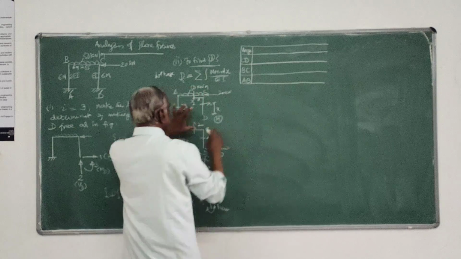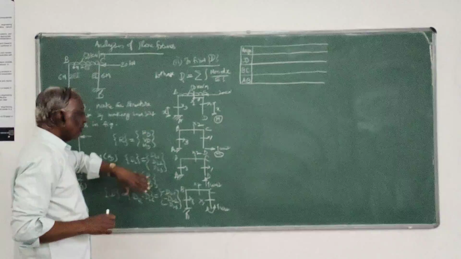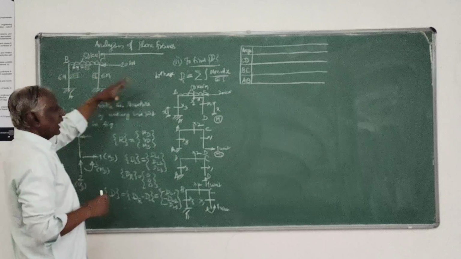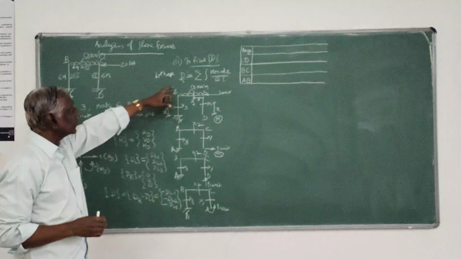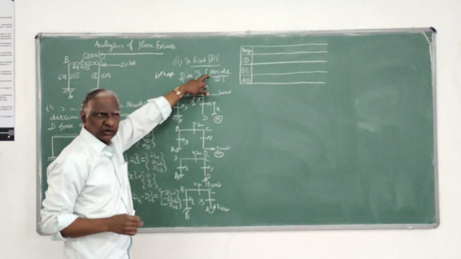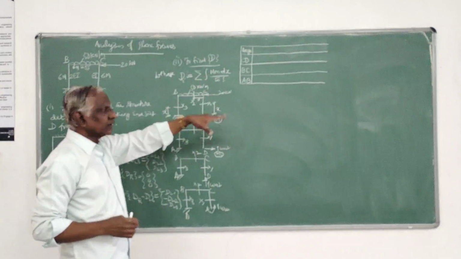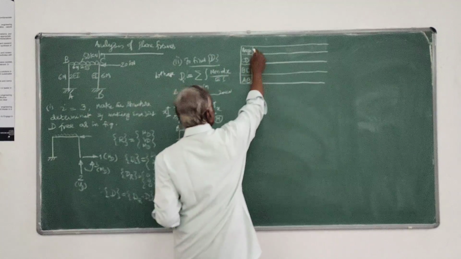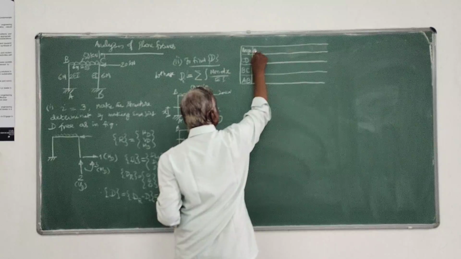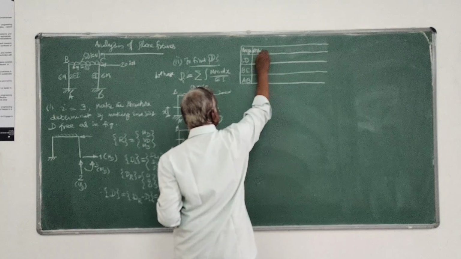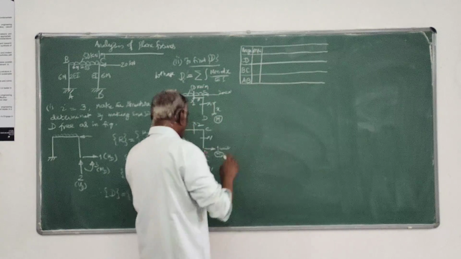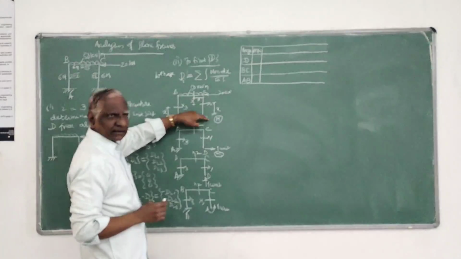These 3 elements of the given structure I will take. I will find the moment M due to external load and the moment due to unit load in the form of a table. Then the origin: for calculating the distance, I have taken the origin here for measuring the distance.